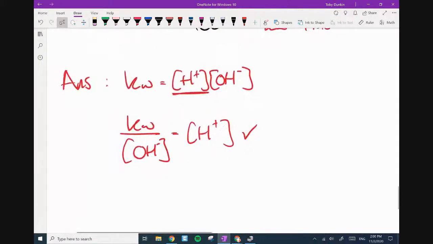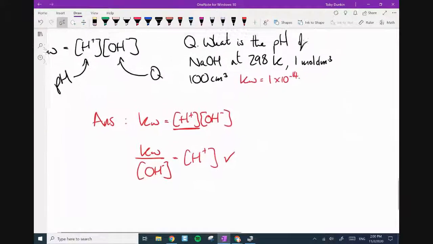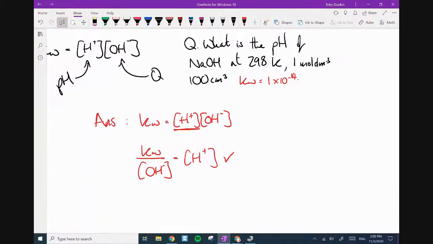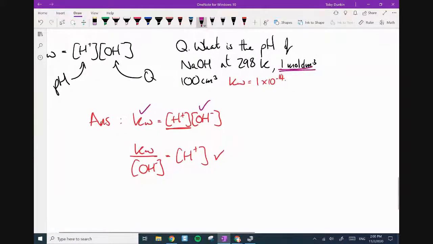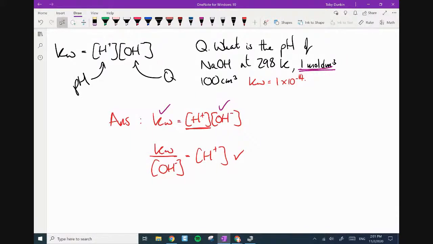Thanks, Ben. Correct. Right. Now what I can do is I've got Kw. I can tick that one off. I've got the concentration of OH-. We are making a massive assumption. We're assuming that all sodium hydroxide dissolves.